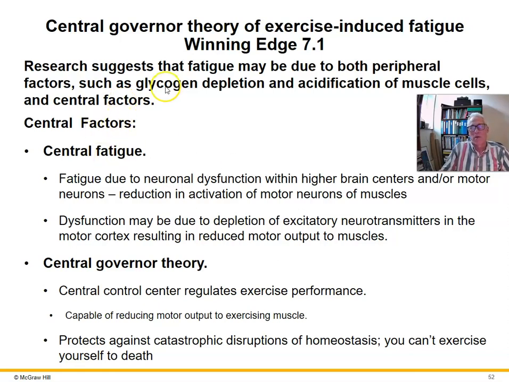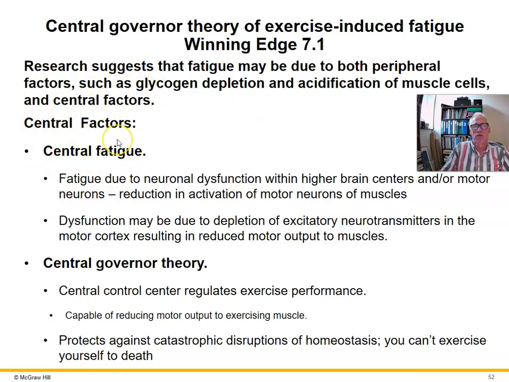That might be a little abstract. And we've referred already to some things that contribute to muscle fatigue. Peripheral factors such as depletion of glycogen, production of lactic acid, and acidification of the cytoplasm or sarcoplasm of muscle cells interfere with cross-bridge cycling and calcium management and so forth. So we have weakening of the muscles.